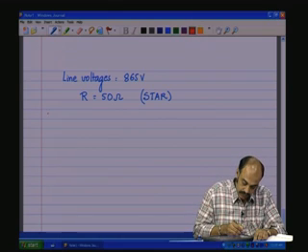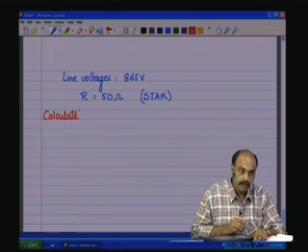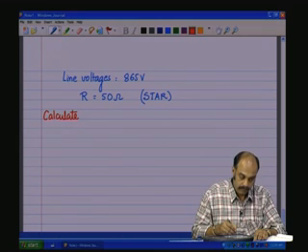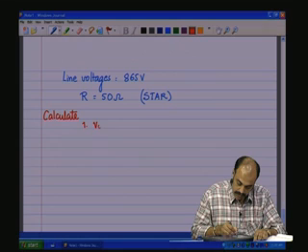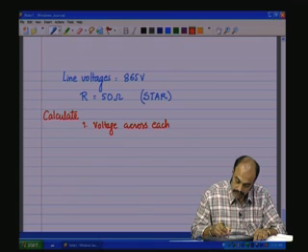So, let us calculate, first, the voltage across each resistor.